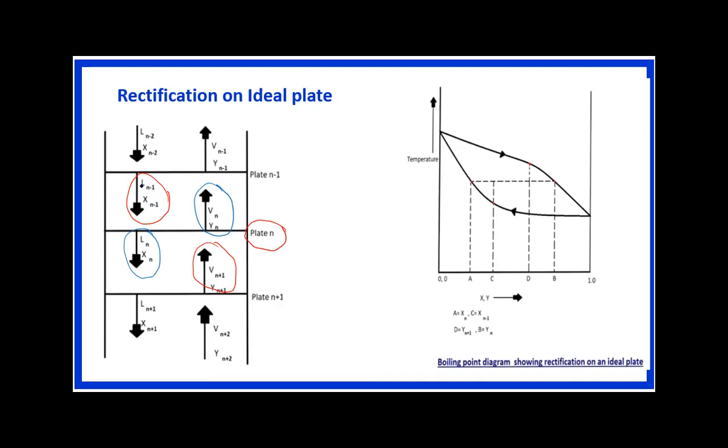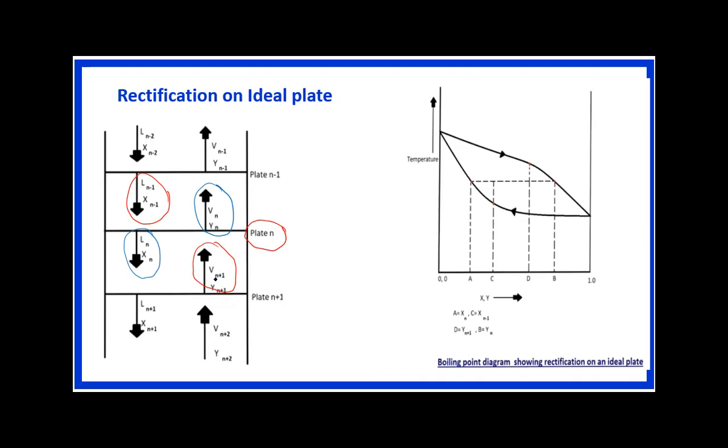It means the liquid droplets having the liquid flow rate L suffix n minus 1 and the composition x suffix n minus 1 are dropping towards the nth plate. And in a similar way, from the plate below the nth plate, that is n plus 1, the vapors are coming towards the nth plate.